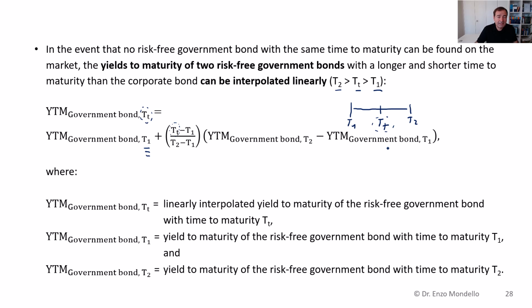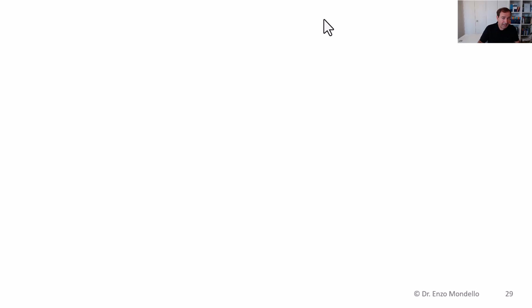And now let's discuss where this equation to linearly interpolate the yield to maturity comes from. So I take an XY diagram. On the vertical axis we have the dependent variable y, and on the x-axis we have the independent variable x.